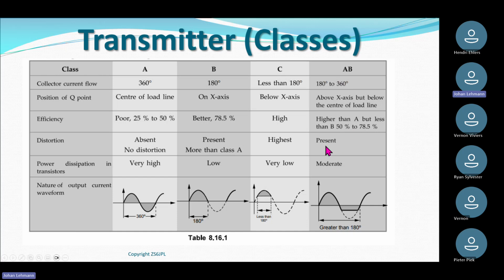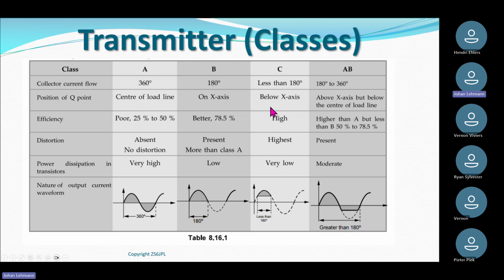The disadvantage of it is that it is prone to distorting my signal, which means that the quality of my audio on the other side of reception is not as good as a class A amplifier. So this is sort of a trade-off to try and improve the wastage of energy, but still give you good transmission.